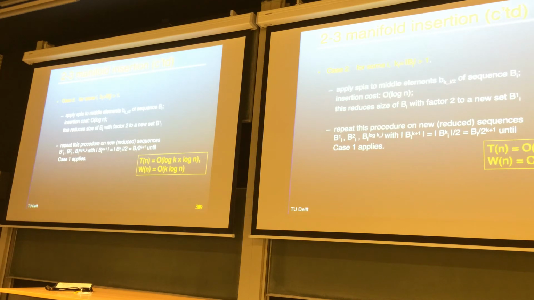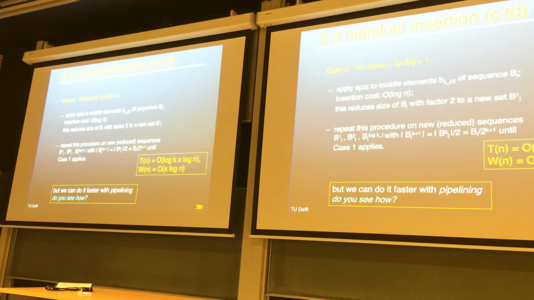Because now, you should already be able to see how we can apply pipelining. So, do you see how we could apply pipelining by following this procedure? So what are we doing effectively? Well, what we did is we paid attention to the number of elements we had to insert in every leaf interval. Yeah? Well, we took the middle elements and we processed them upwards until you have a new 2-3 tree, and then we bother again about these halved numbers of elements.